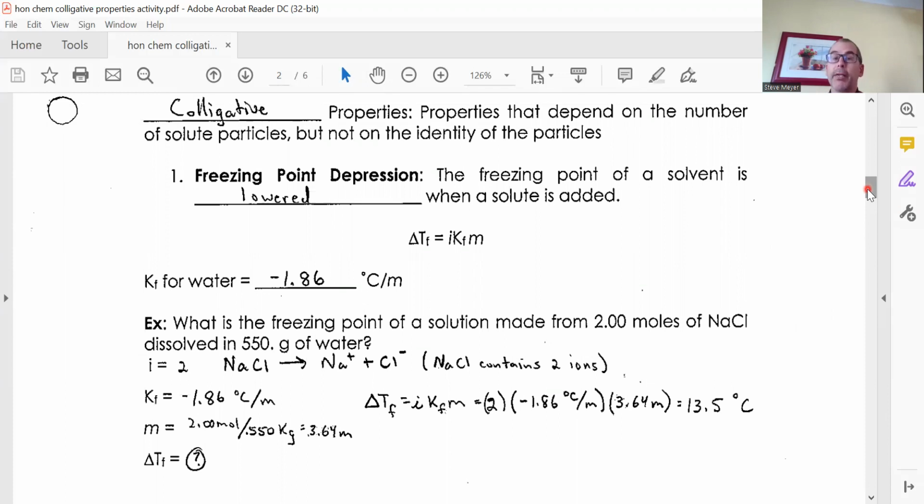And in order to get it to freeze, you actually have to bring it to a lower temperature to get the water to freeze out, because that salt and water is attracted to each other. So because of that attraction between the solute of the salt and the water, it makes the freezing point lower because it holds it like glue, and it makes the boiling point higher. That's why we get a freezing point depression and a boiling point elevation. And the rest of it is just a numbers thing to figure out the quantity of that.